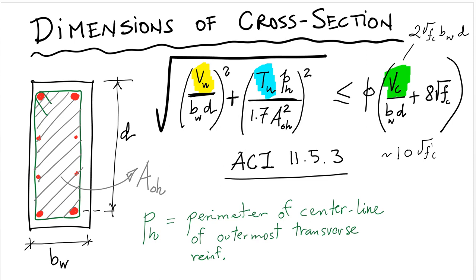So this basically establishes a limit on how small a cross-section can be in order to resist the combined effects of shear and torsion. In this formula, just as a reminder, Aoh is the area enclosed by the center line of the transverse reinforcement, and ph, again, is the perimeter of the center line of the outermost transverse reinforcement.